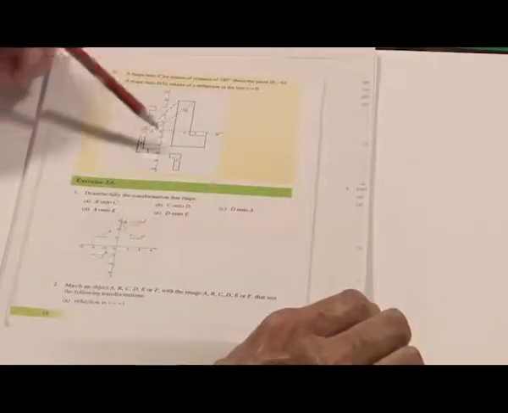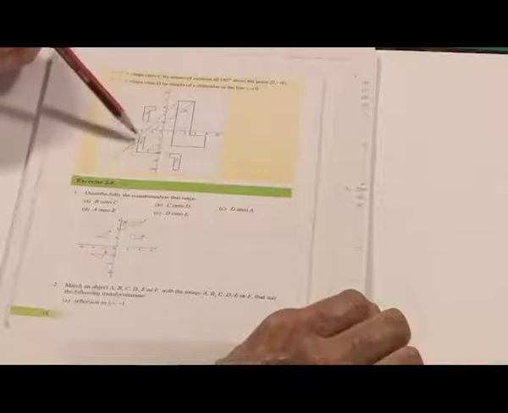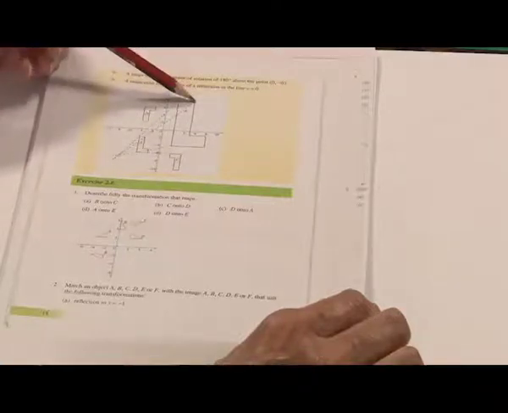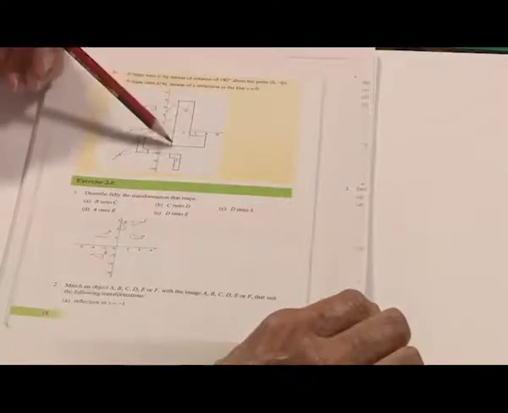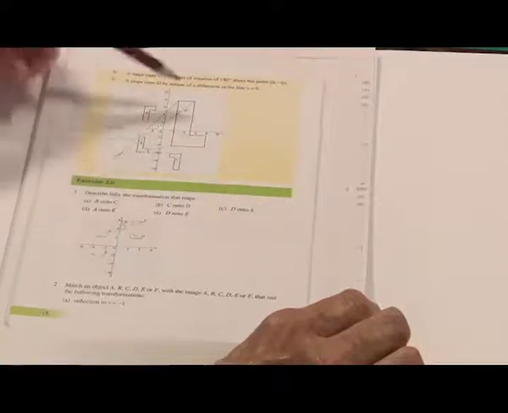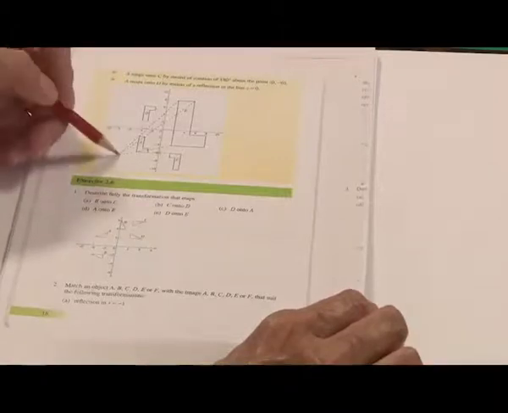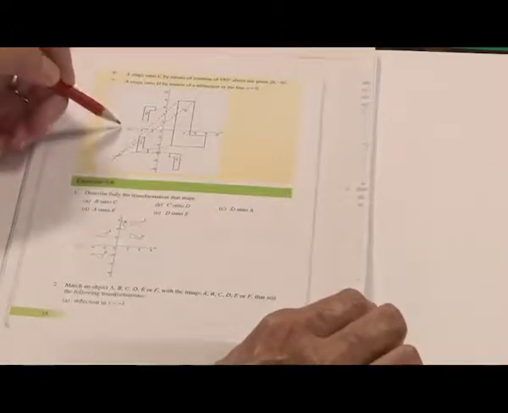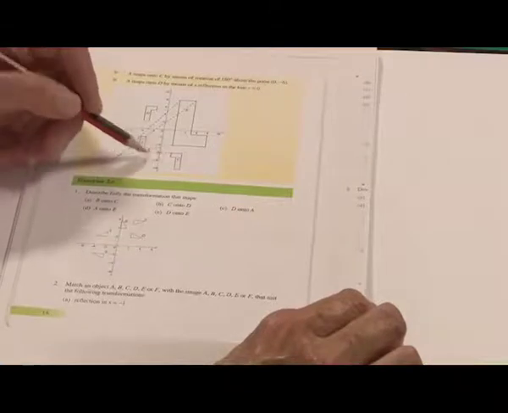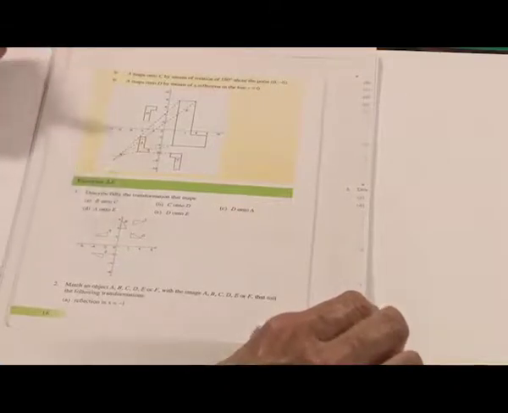We draw the lines from the corresponding angles, to A and the other angle. We can also draw lines with a ruler, and then we see the point where they meet is -7 and -7. So that's the center of enlargement.